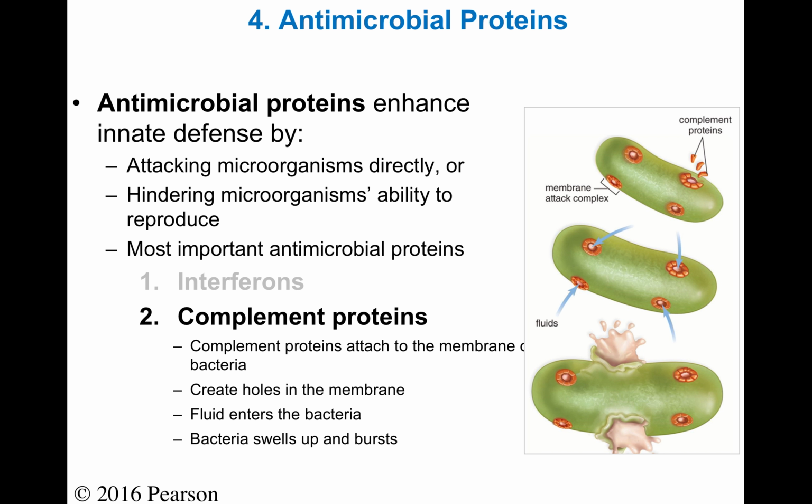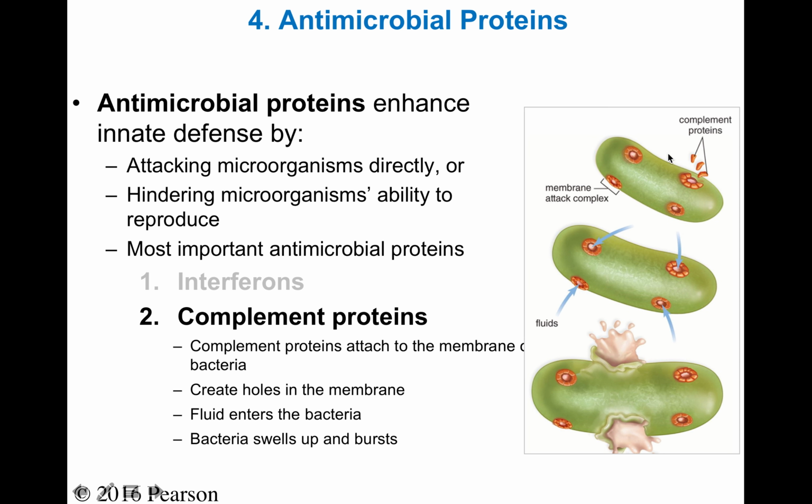Another cool mechanism that your body uses to fight off infection at the second line of defense in the innate immunity is releasing antimicrobial proteins that help with enhancing your immune response. They also limit the microorganism's ability to grow and reproduce. One of the most important of these antimicrobial proteins is called the complement protein, which you see in these orange structures.